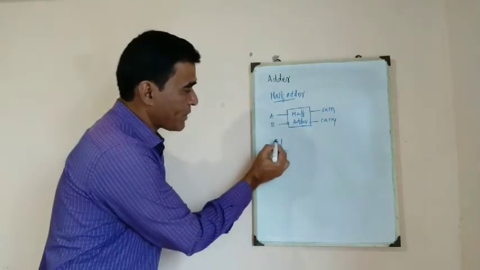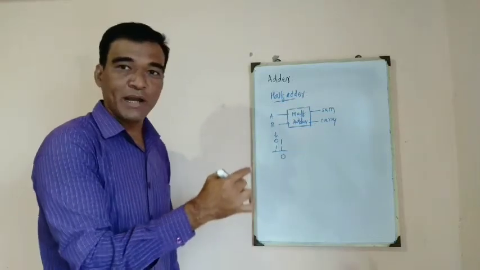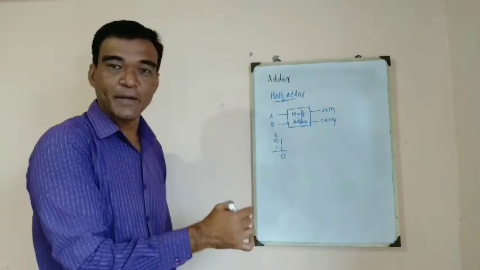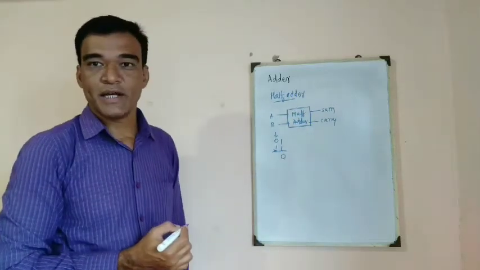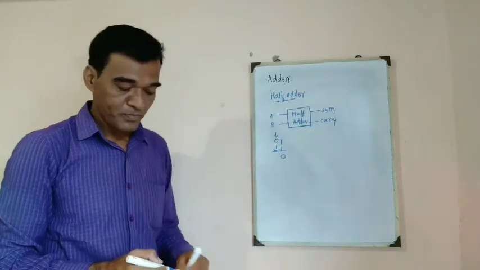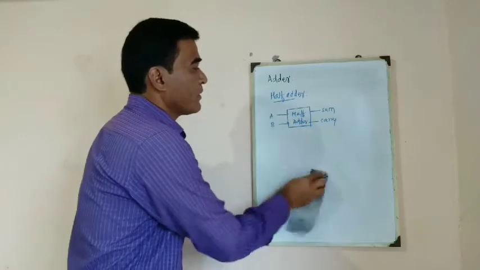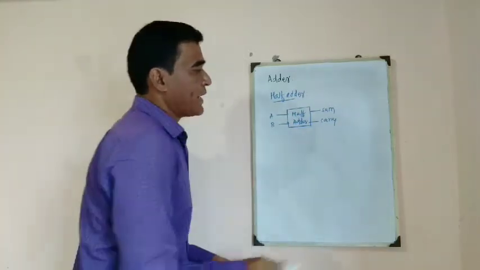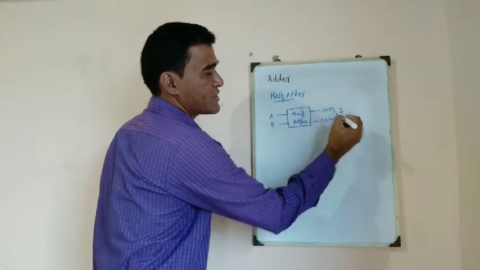Now when I am performing this addition where 0 is added with 1 and then the result is added with the carry, in this half adder this carry we are not considering, we are discarding. Hence the name half adder. Understood? So this half adder has two outputs. Let us say sum is variable S, carry is C.